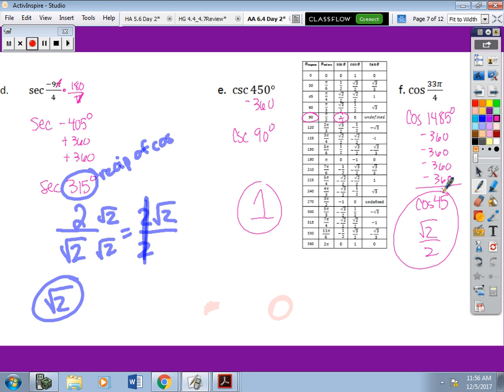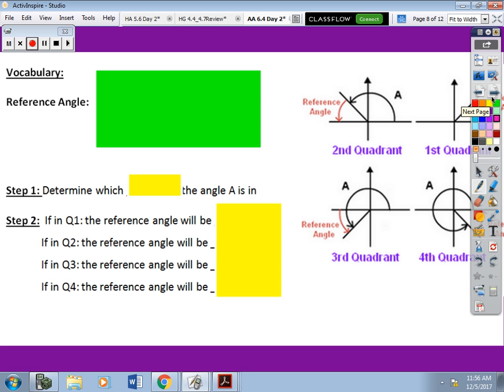All right, now we're going to switch gears on the back, and we're going to look at not coterminal angles, but reference angles. Okay, so there's 2 different types. Coterminals are those that share a terminal side. The reference angles, these are the ones that we actually used yesterday. They're the ones where we create a right triangle with the terminal side, the origin and the x-axis.